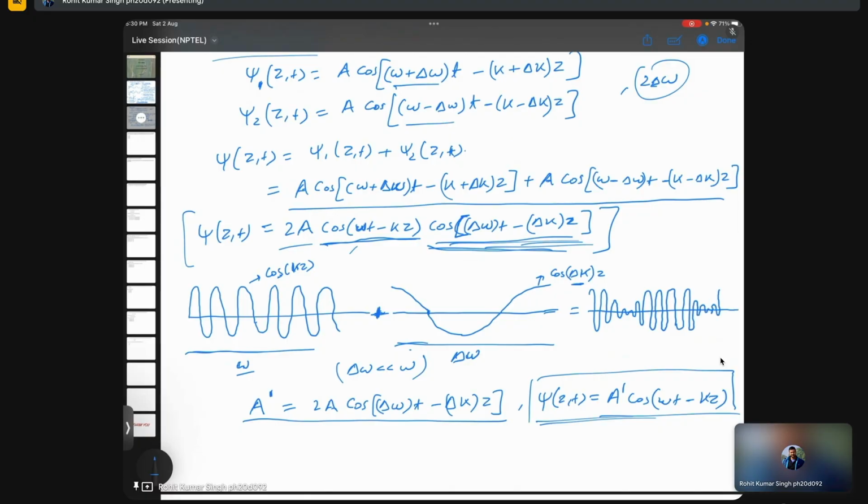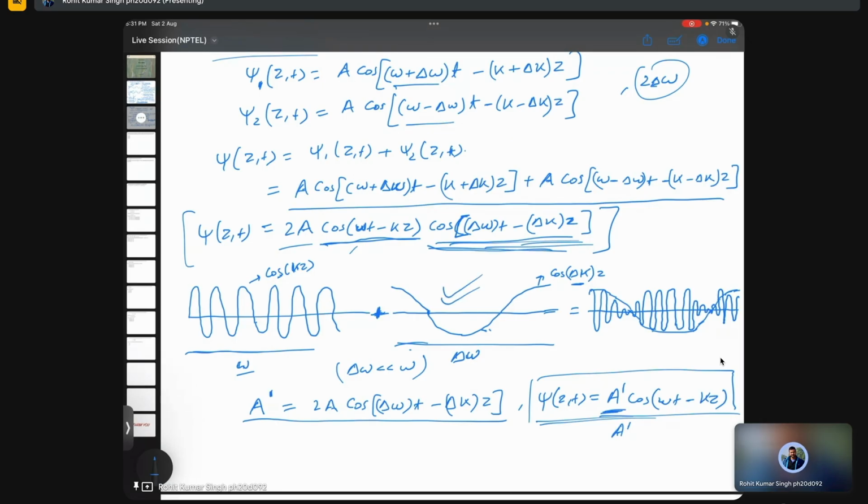Something like this, and you see it has an envelope like this, because this amplitude a prime is varying like this function, right?